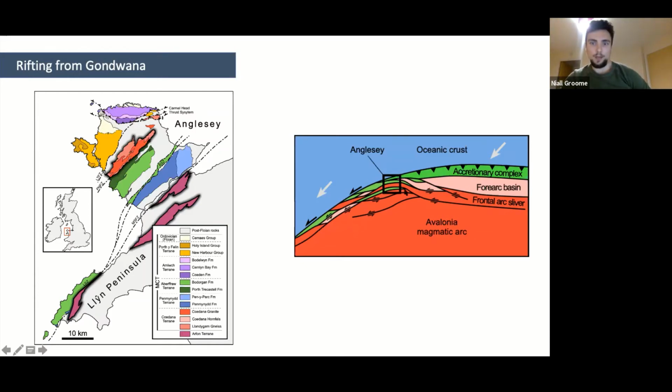So if we take a slice through this randomly, as Anglesey essentially is a small island, then we can get occurrences where arc material has just been slipped in front of some accretionary material, and that's what it looks like has happened on Anglesey. And it would explain a lot of this staggered rifting, essentially, as the mid-ocean ridge is subducted slowly, piece by piece, along the margin of Gondwana.